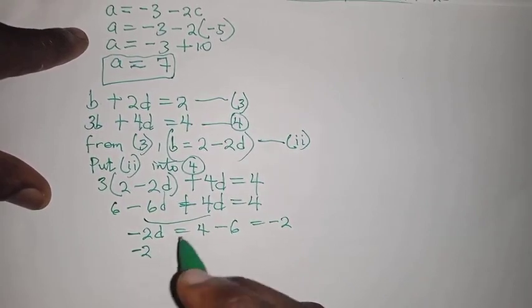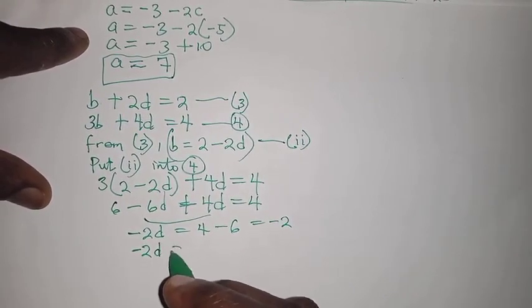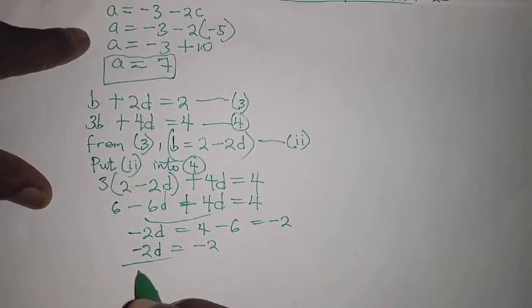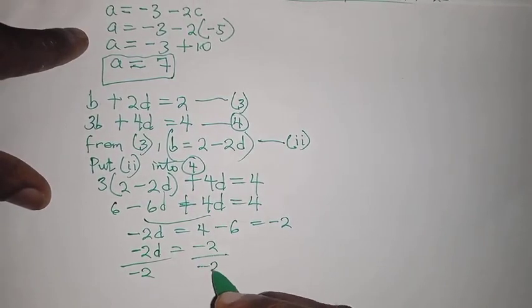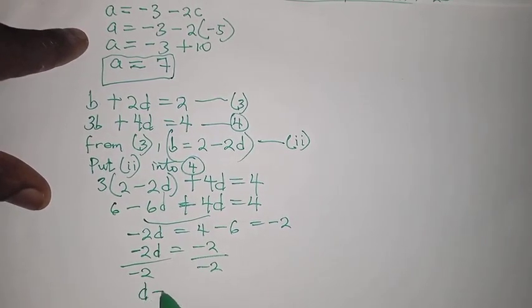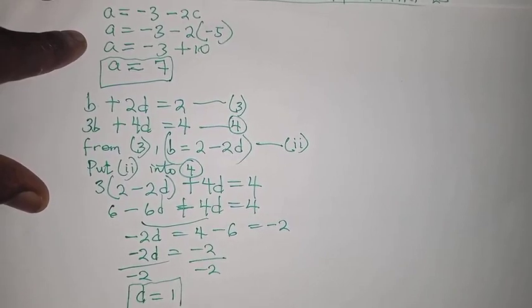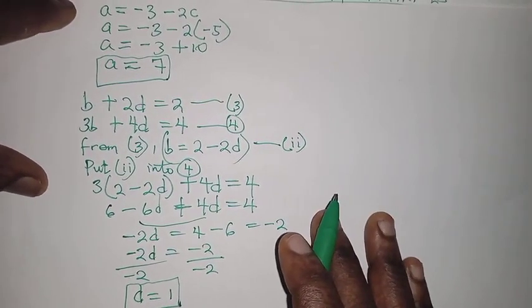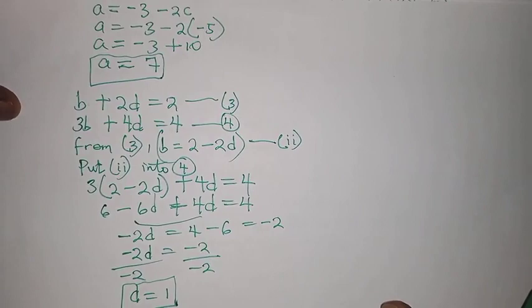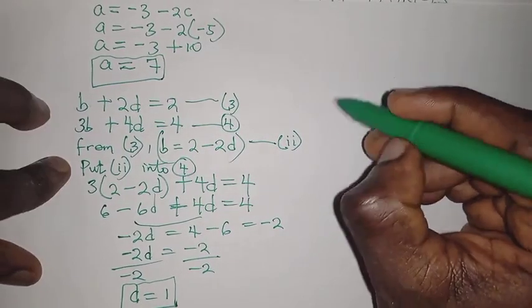So if I'm left with minus 2d equals minus 2, it simply means that d equals plus 1. So I've gotten a value for d. Now I can quickly get my value for b.